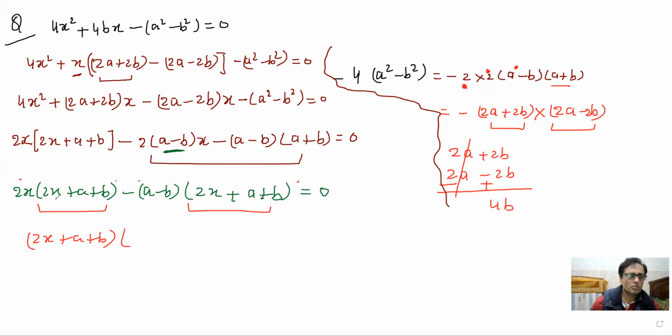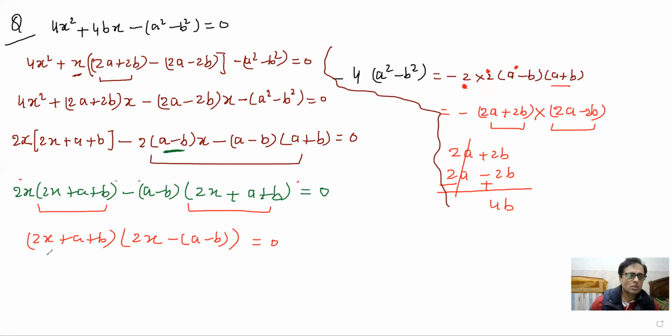So what is left in the bracket? 2x is left, and what is left here? You have taken this one common, so this one is minus, in a bracket, a minus b. Why am I writing it in a bracket? Because the whole thing is negative, that's why I'm writing this in a bracket. That is equal to 0.